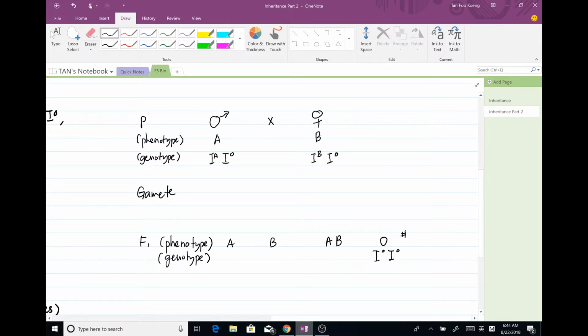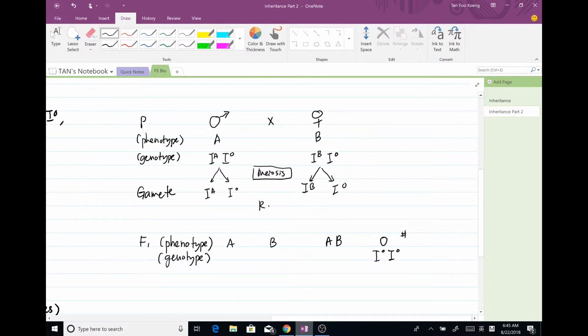Now let's see what gametes are formed by the father. The father is able to give rise to two types of gamete, which are IA and IO, as stated in Mendel's first law. So remember, during the formation of gametes, the pair of alleles that controls the characteristic must separate during meiosis. The mother likewise is able to produce two types of gamete.